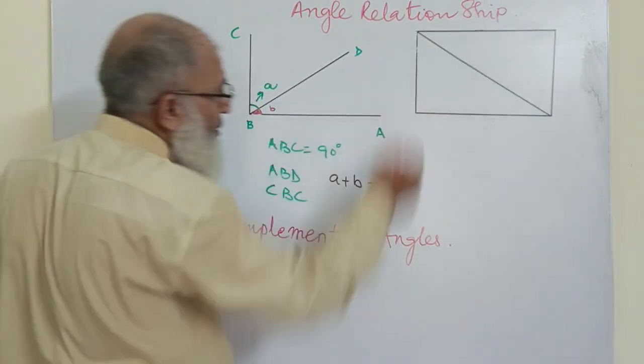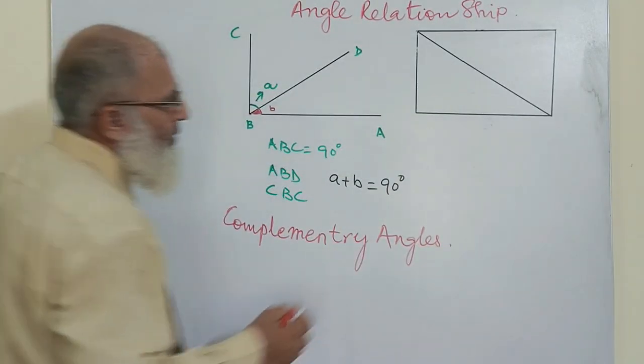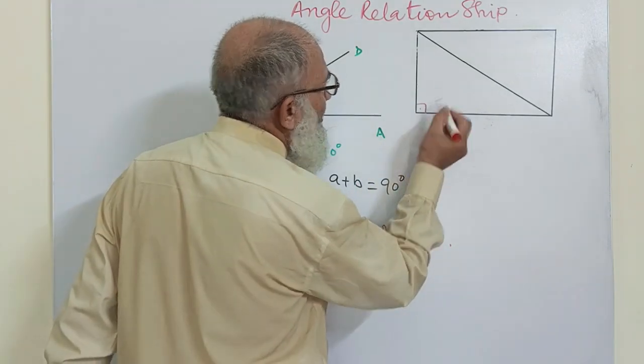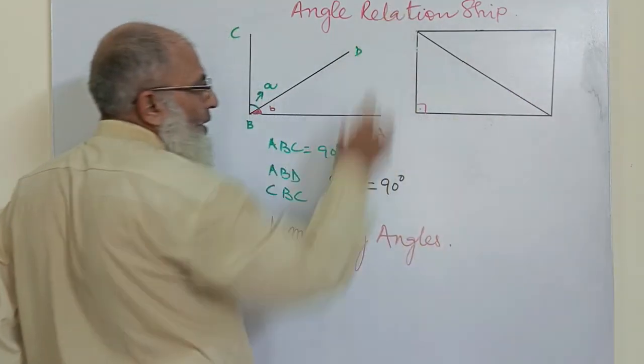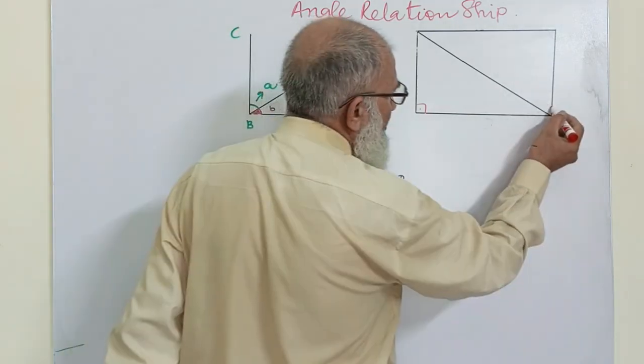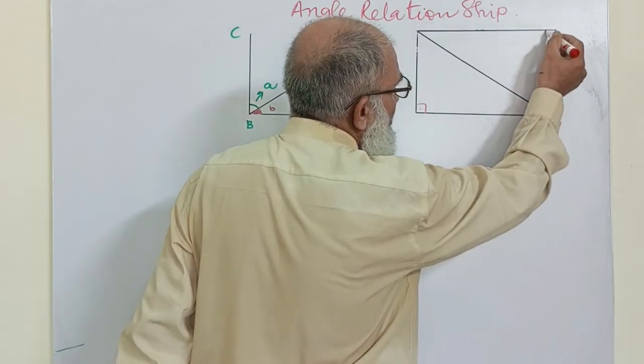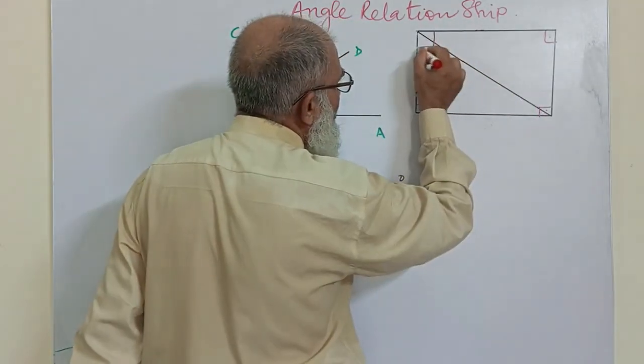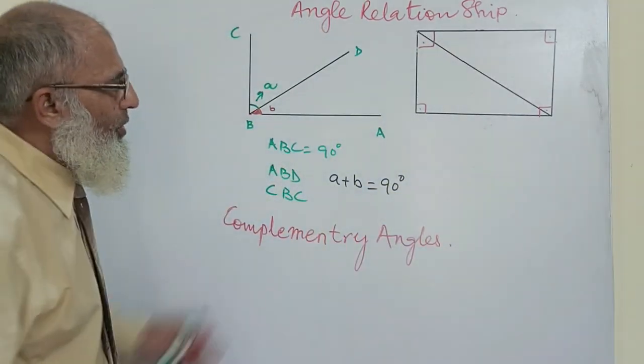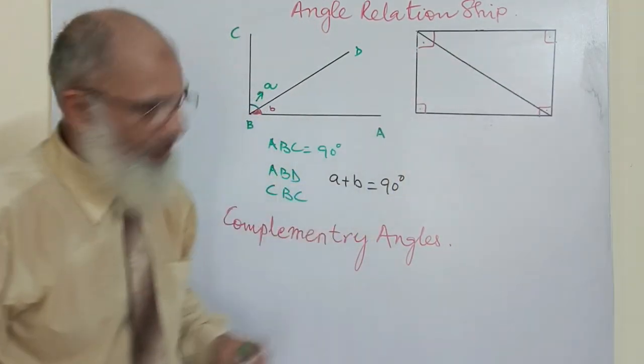Now here you can also see some complementary angles. This is a rectangle. We have here some 90 degrees. All four angles are 90 degree.